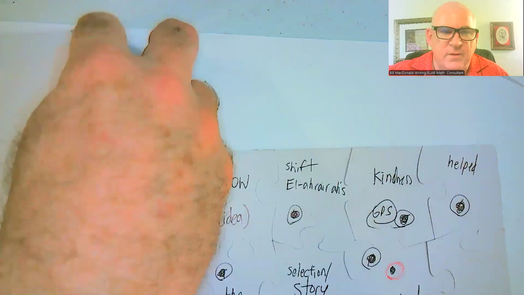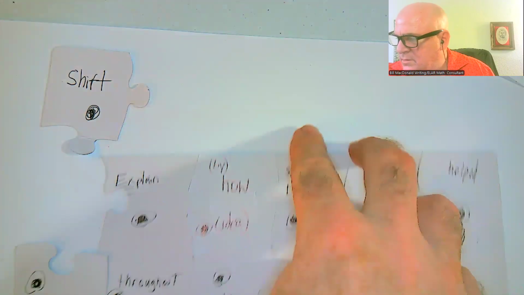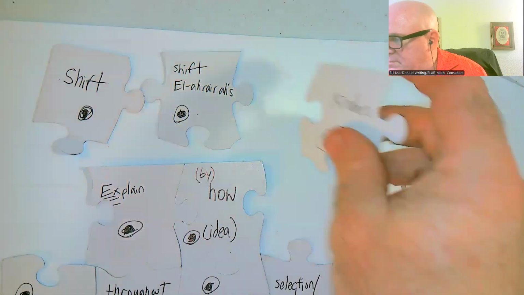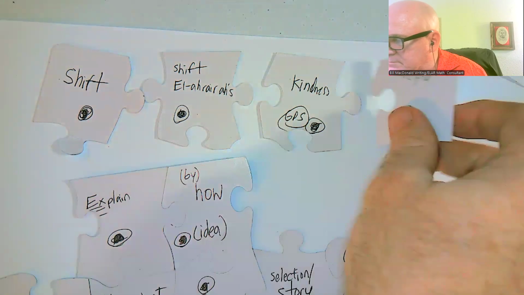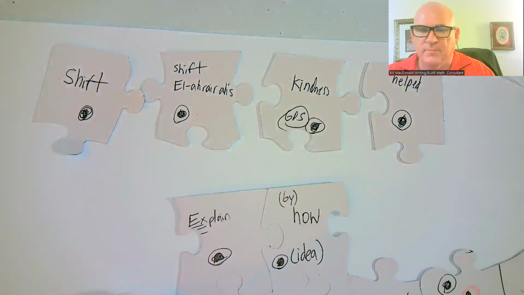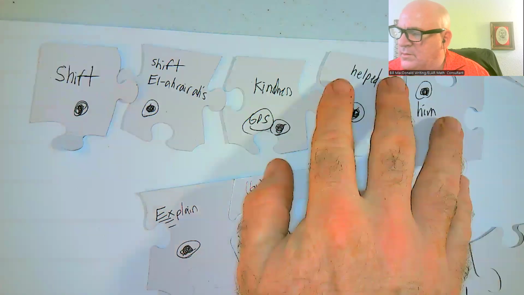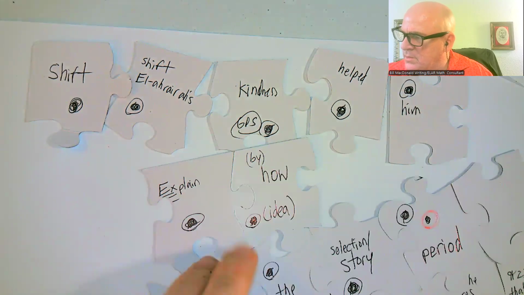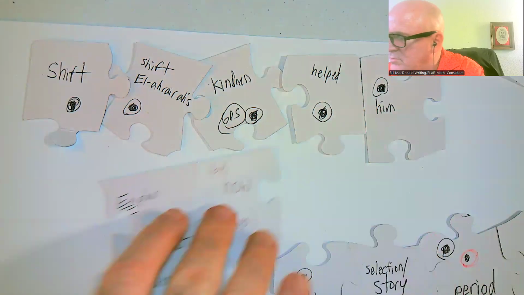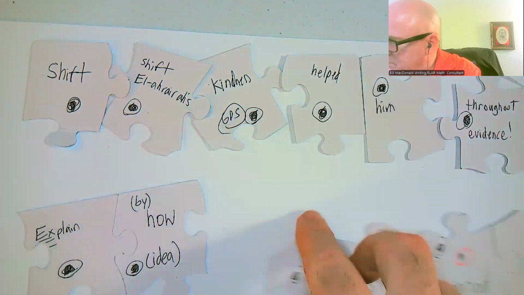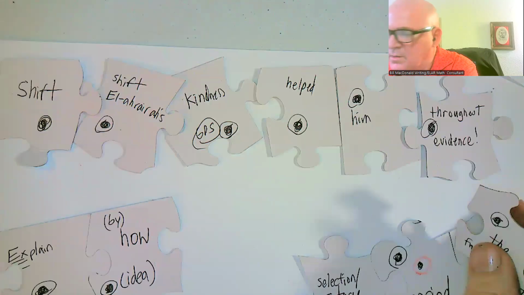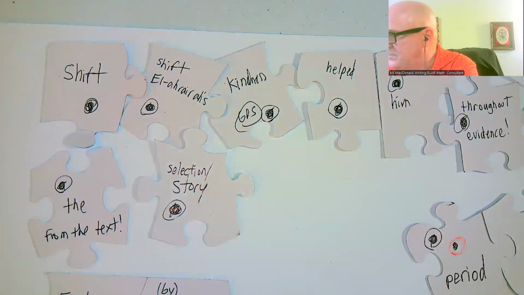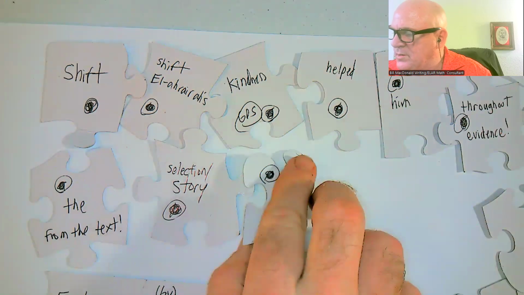So, shift. Elira's kindness helped him, dropped one that I'm going to need, throughout the selection, and then we can go ahead and put a period there.